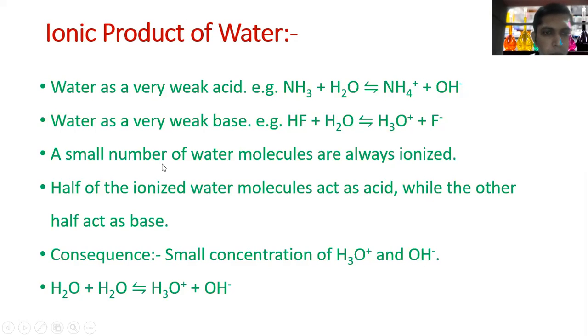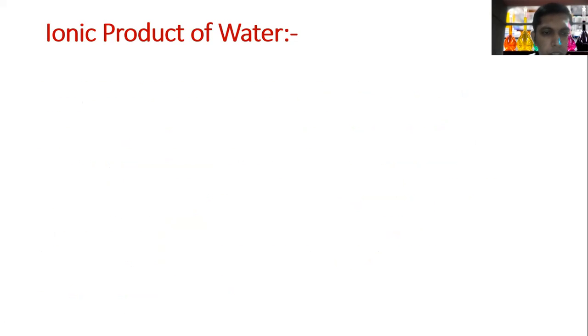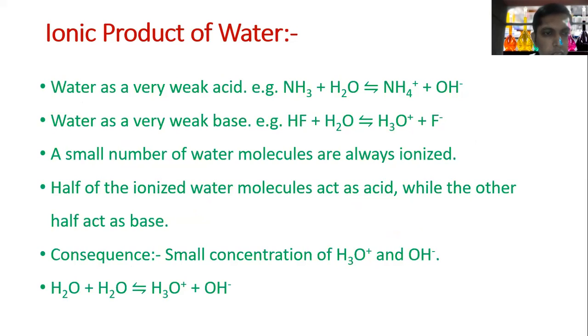Because some of the water molecules act as acid. So half of the ionized water molecules act as acid, while the other half act as the base. And the consequence of this is that a small concentration of hydronium and hydroxide ions is always present.